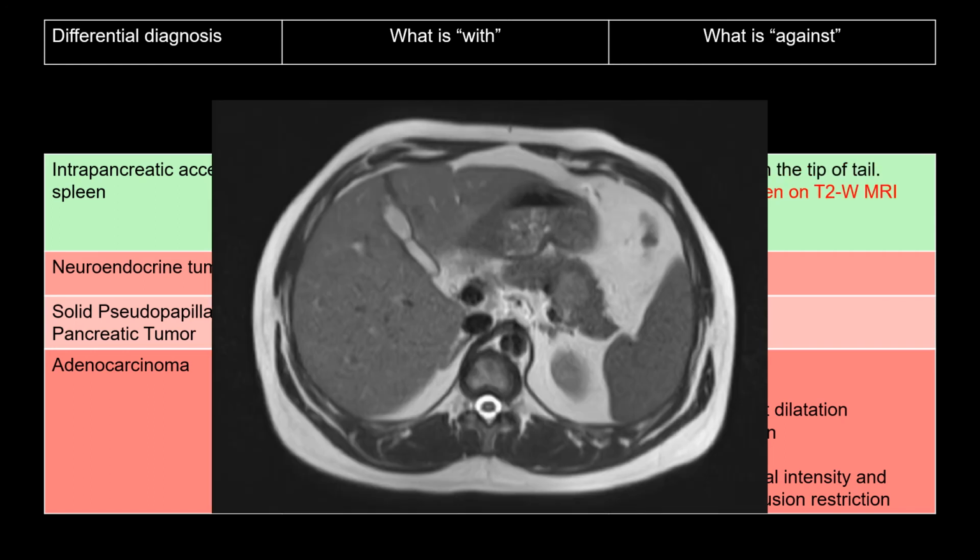The second feature against intrapancreatic spleen is the slightly higher signal intensity on T2 weighted images of the lesion compared to that of the spleen.